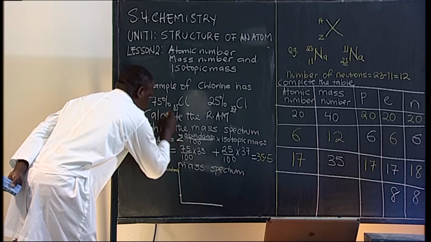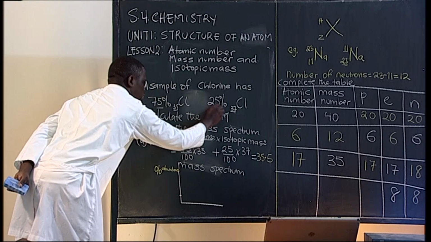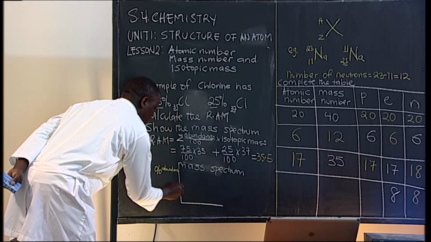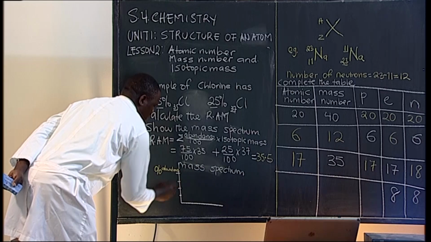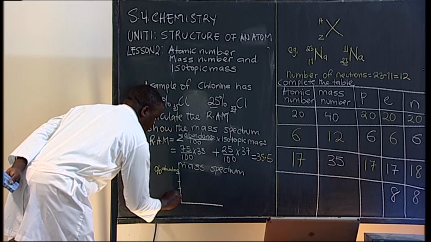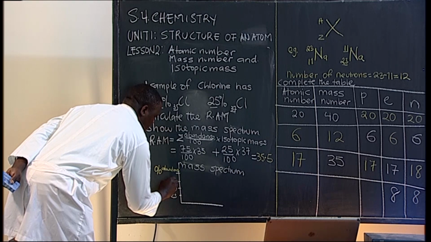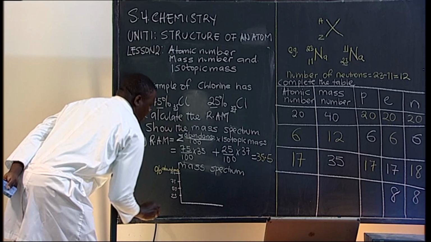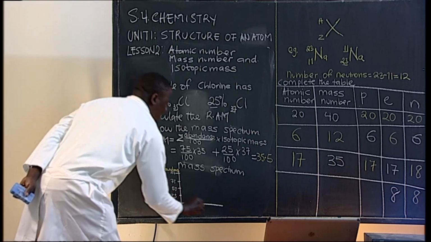So here, this one can be a better example than that one because the percentages are different. This is why I want to show it to you. So here we can say we have 25, 50, 75, and 100. Then we put our isotopic masses.